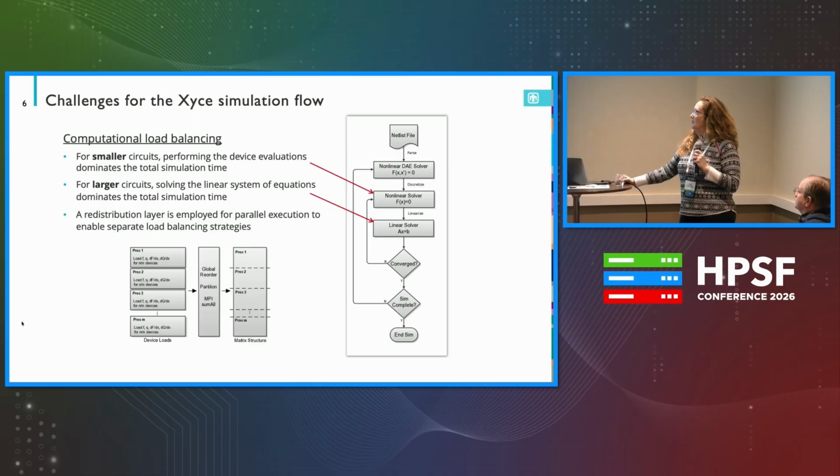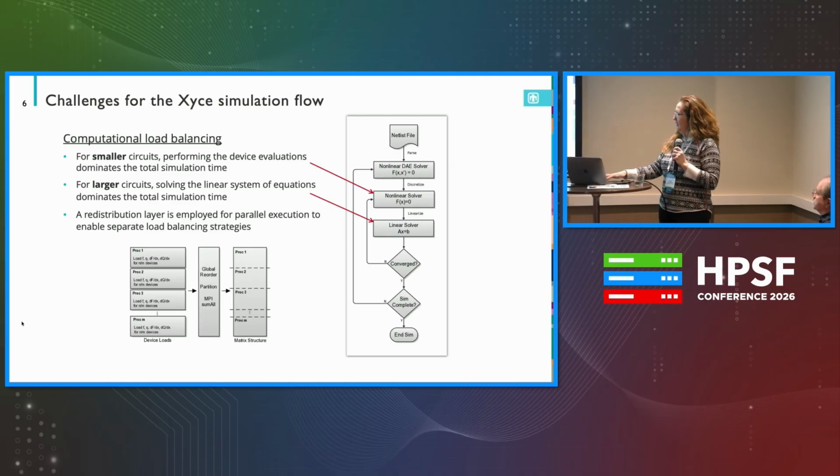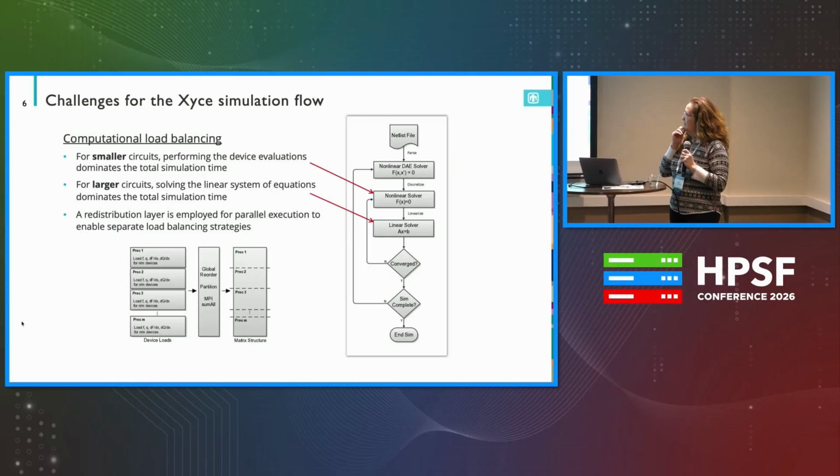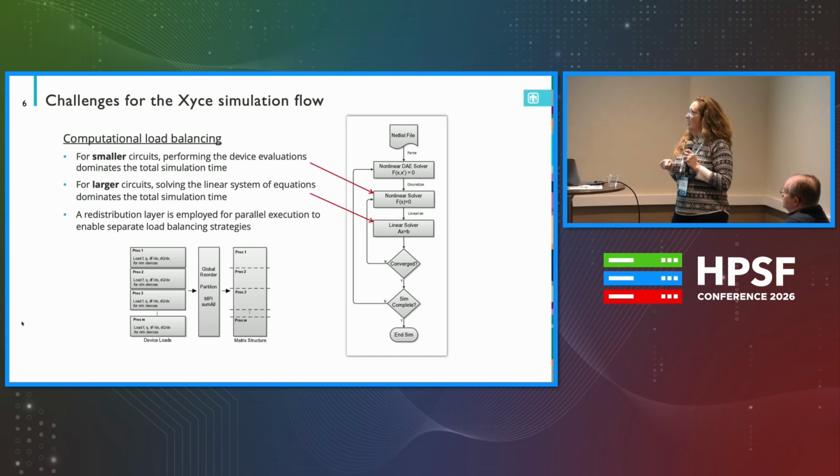And so as circuits get larger, we have to go to much more trouble looking at how to make the linear solver less expensive. Because of that, we employ a redistribution layer, which you see here at the bottom, to separate the load balancing strategies and the linear solver strategies, because they aren't equivalent.